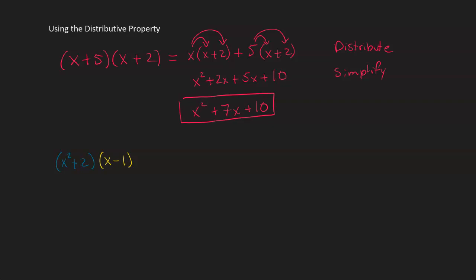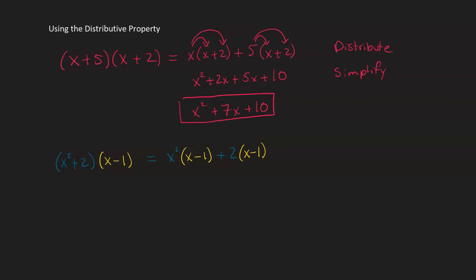Okay, so again, I want to take that first expression, the x squared plus 2, and I want to multiply it to this second expression. So I'm going to take the first term of this first expression, which is x squared, and I'm going to multiply it to that second expression, x minus 1. I'm going to put an addition sign because there's an addition sign in that first expression. That second term is 2, and I'm going to multiply it again to that second expression, x minus 1.